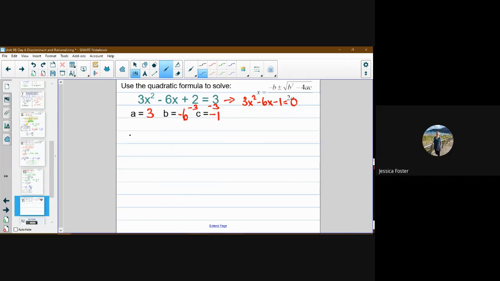Writing this out using the quadratic formula, I have negative b, so negative 6 plus or minus the square root of negative 6 squared minus 4 times 3 times negative 1. All of that divided by 2 times 3, 2 times a.